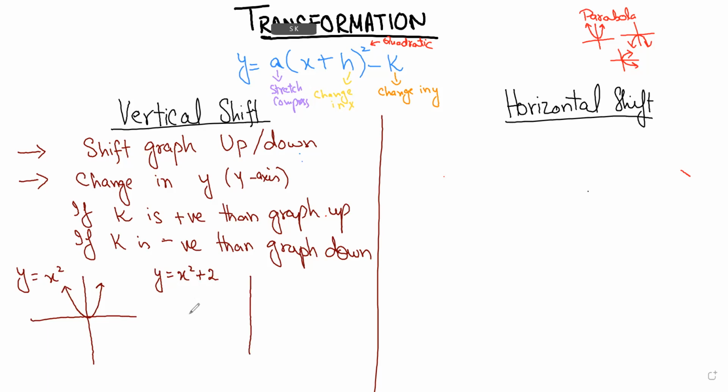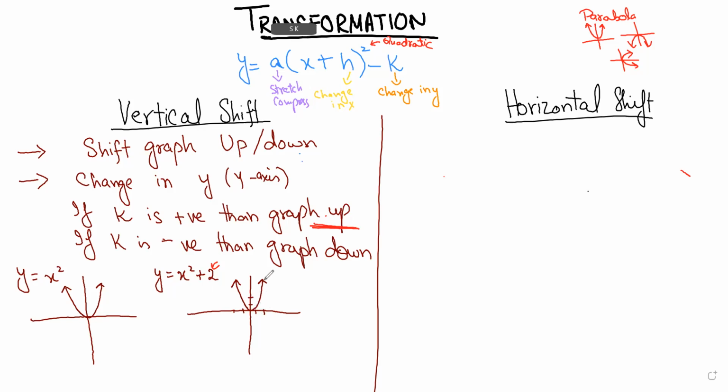So what I'm going to do is write it like this, 1, 2, 1, 2 here. First of all, my parabolic equation was like this, the normal equation. But then, you can see the 2 here, that is positive 2. And positive 2 means that it's a change in the y-axis and it is going to go upward.